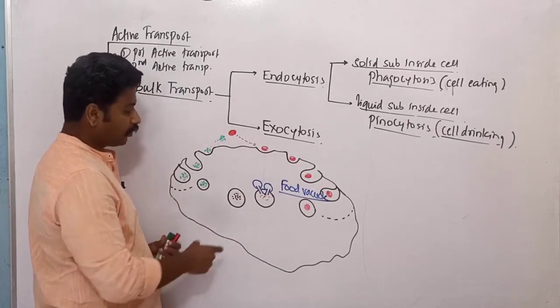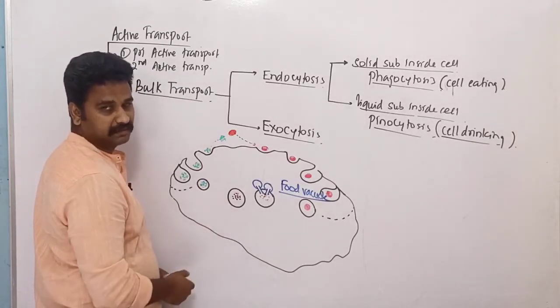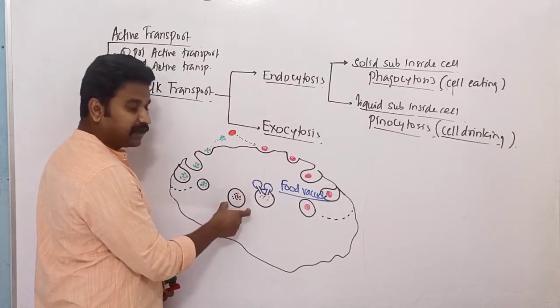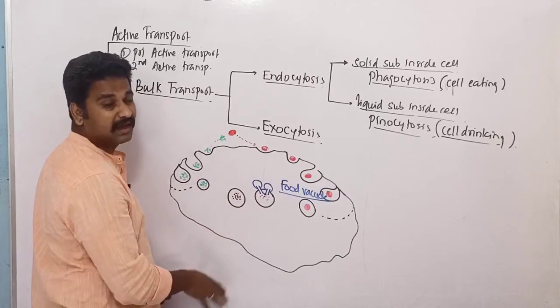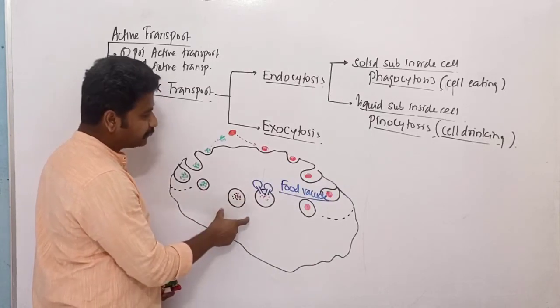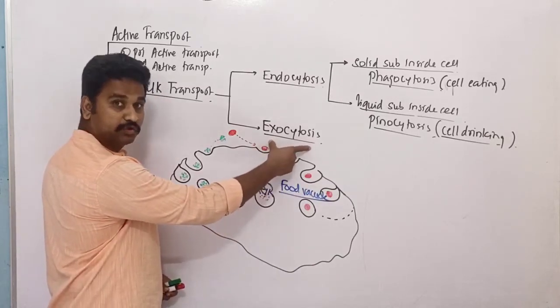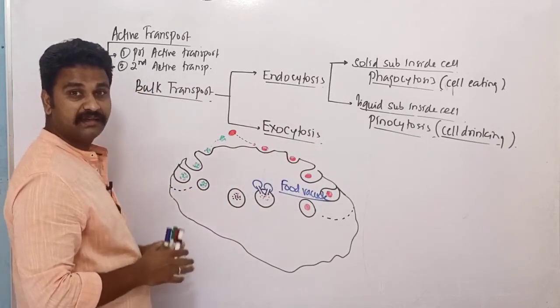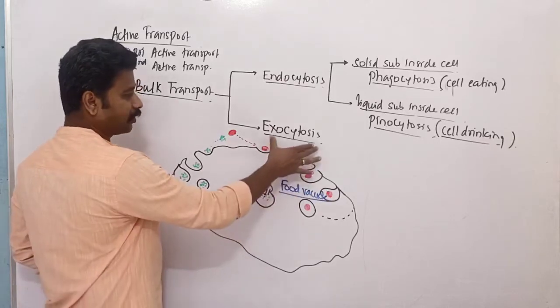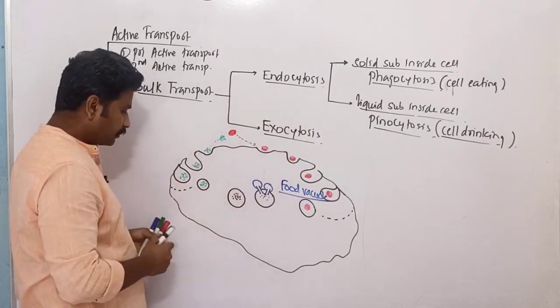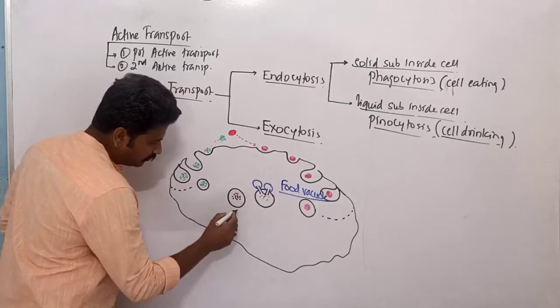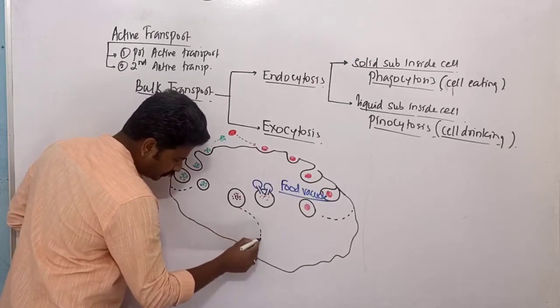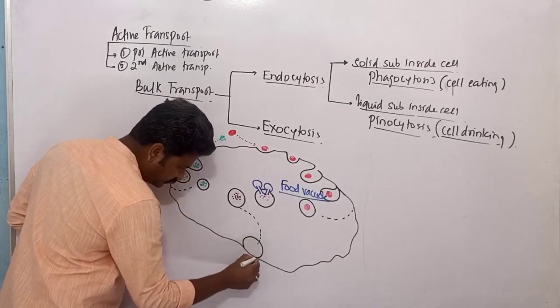Now the amoeba does not require these substances, so it will throw them out of the cell, and that process is called exocytosis. As the substances are moving outside the cell in bulk amount, the process is called exocytosis. For that process, this vacuole will eventually come and fuse with the plasma membrane.